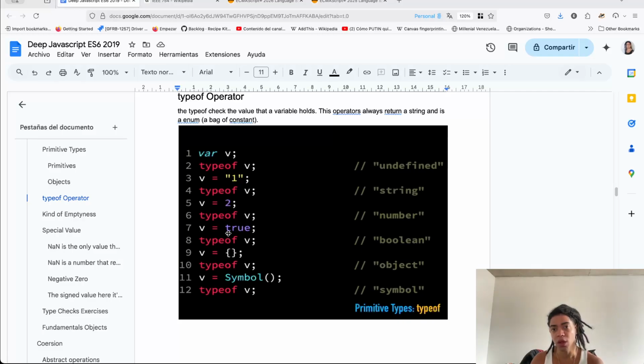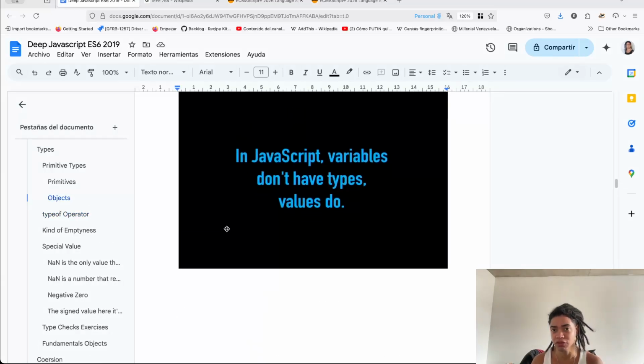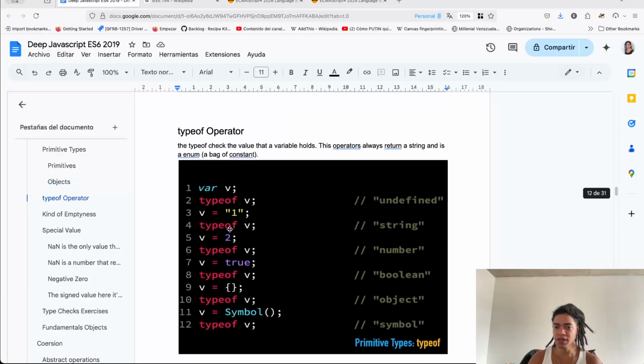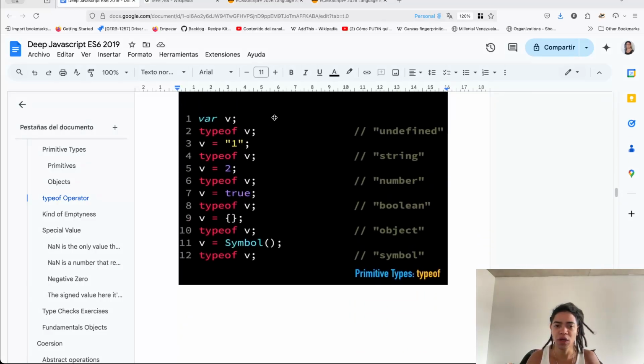Variables don't have types, values do, and this will be the entry point for the next topic. Once we already know the type, there are some nuances.